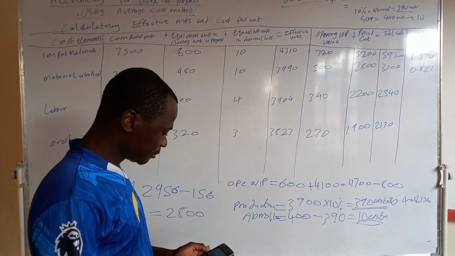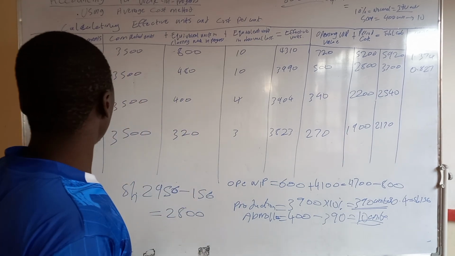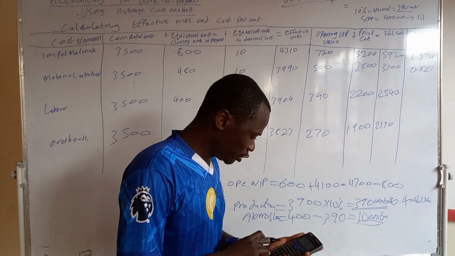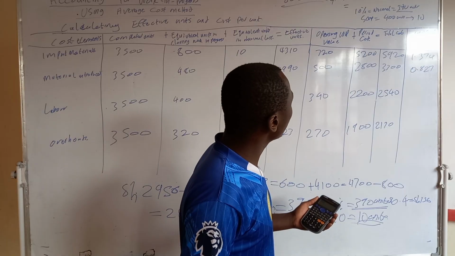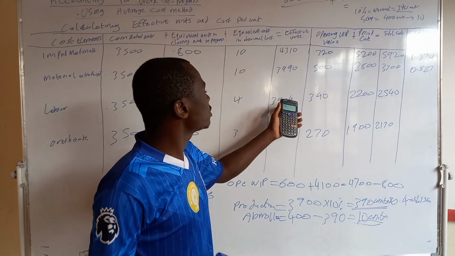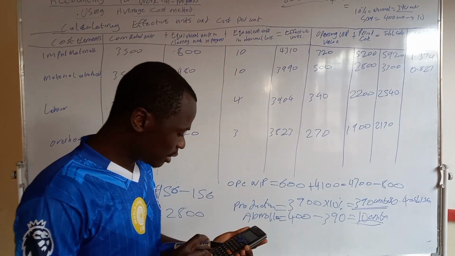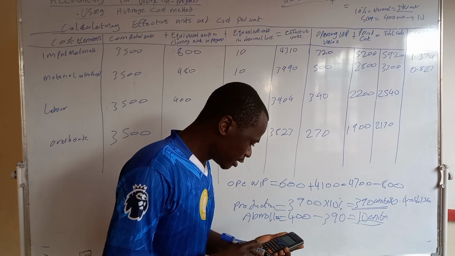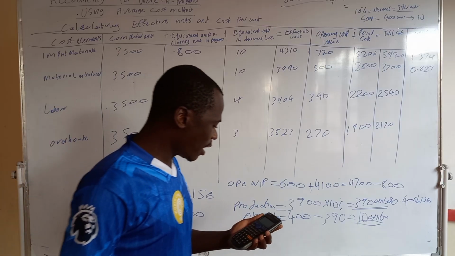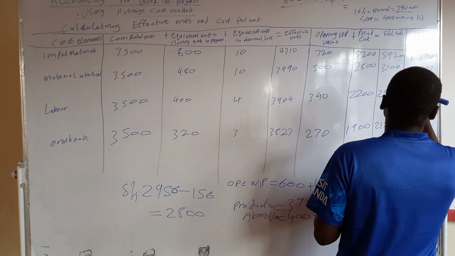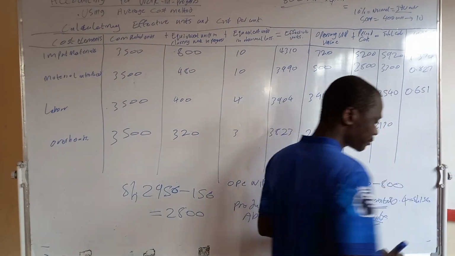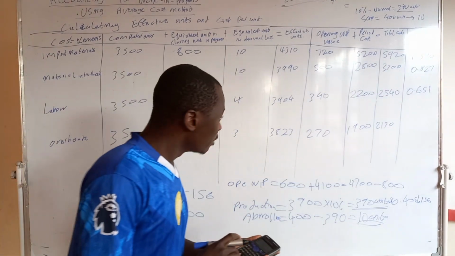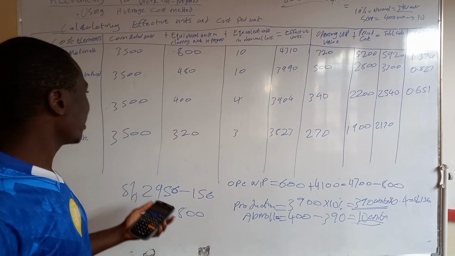Now we also have labor. That is 2,540 divided by the equivalent units in terms of labor, 3,904. That is 0.651. Then we go to overheads.